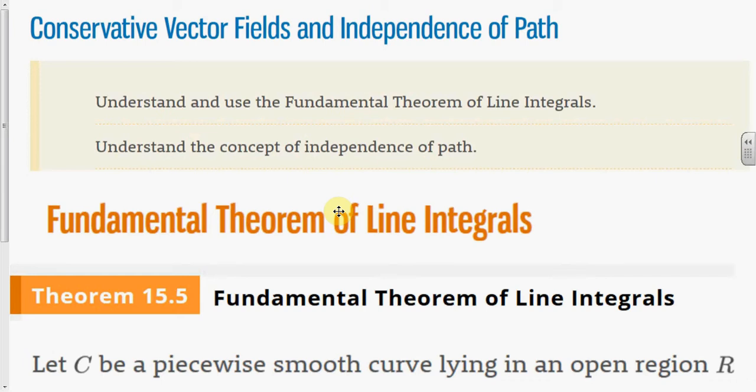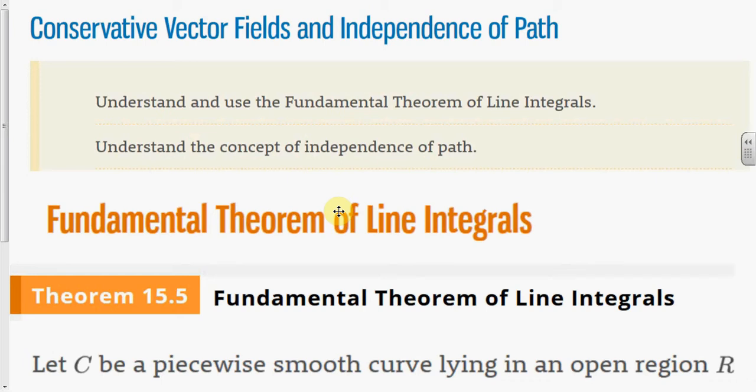I can simply find the potential function and evaluate it. Very powerful. I can skip integrating the direct line integral. You know how you found ds, or you found F dot dr? Well, you can skip all that.